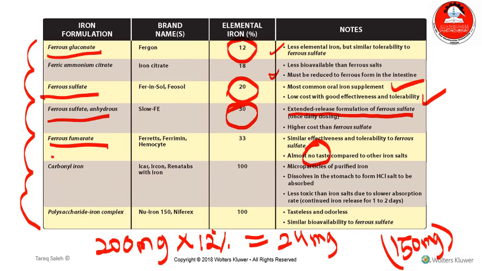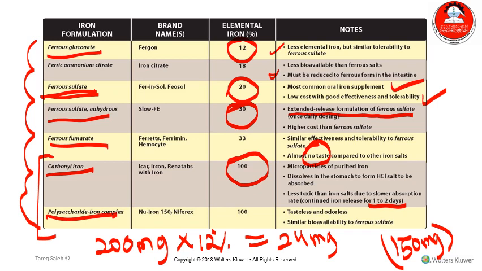Now comes the last two preparations, which are carbonyl iron that contains 100% elemental iron. Okay, so that should be easier when you calculate the dose of these drugs. These compounds are for sure more expensive than ferrous sulfate. However, they are less toxic and slowly absorbed from the gut, so they can be given every 1 to 2 days.